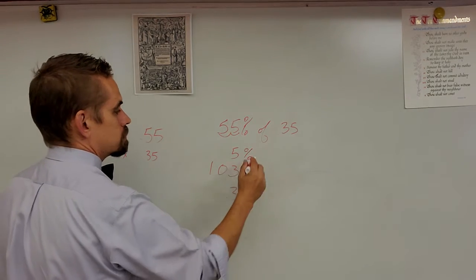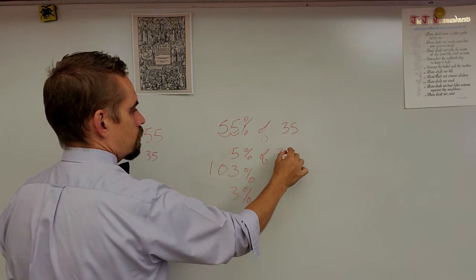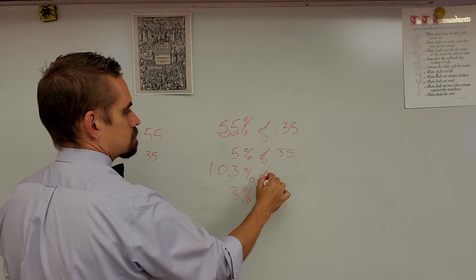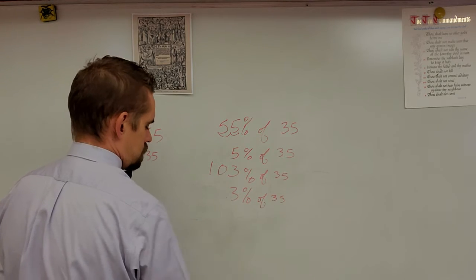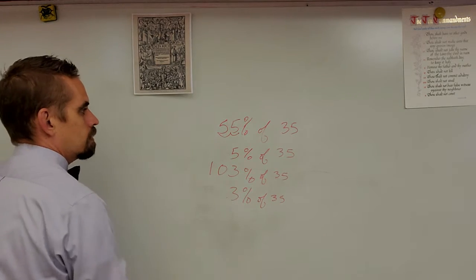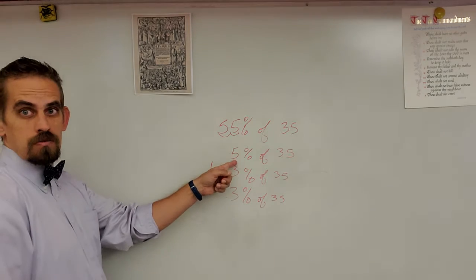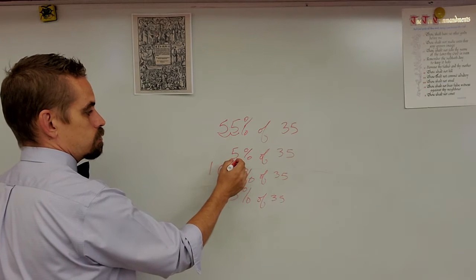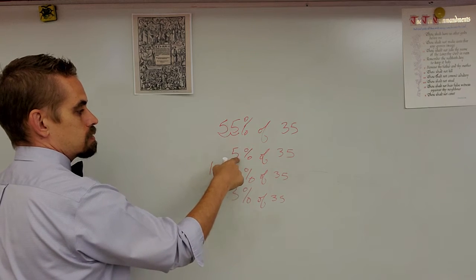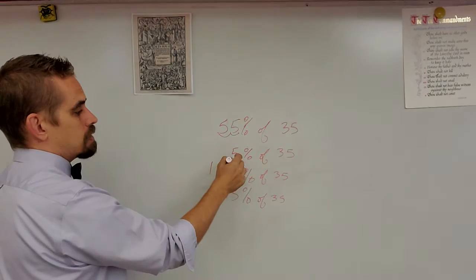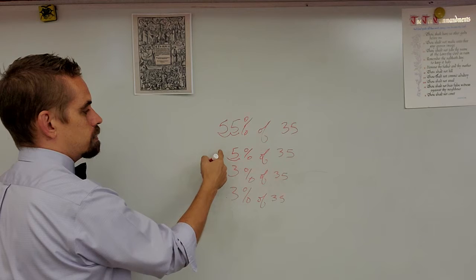Now, we're going to look at an example of all of these. How about 5%? My decimal point is right here, to the right of my ones place, and I move it over twice. 1, but then there's not another number.